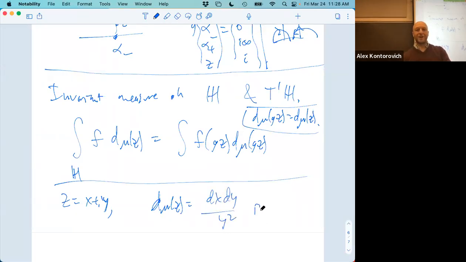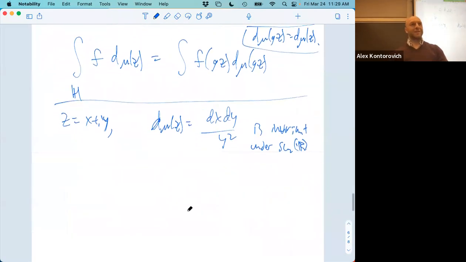I claim that this is invariant under the action of SL2R. And what that means for the integral is that when you apply the Jacobian and figure all this out, you can legitimately change variables: act by this and it doesn't change.